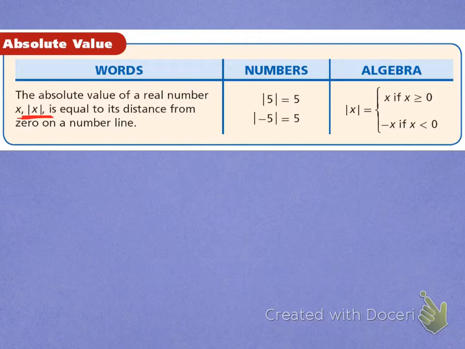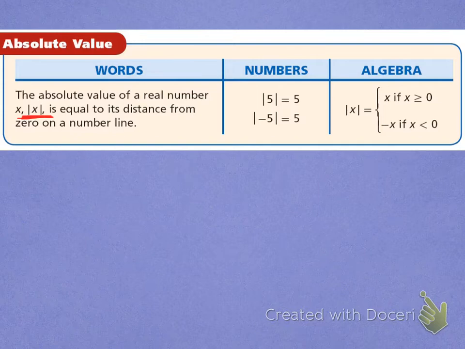The definition is the distance from 0 on a number line. So let's consider, for example, the absolute value of 5. 5 is 5 units away from 0 on the number line, so therefore the absolute value of 5 is 5. However, you must also consider that the absolute value of a negative 5 is also 5 because negative 5 is still 5 units away from 0.